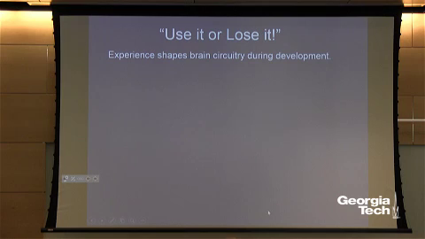Now, just to give you a little bit of background, because it's such a broad audience, when we're looking at activity's role in shaping neural connectivity, we can generally go with the maxim that if you use a projection, it's going to get stronger. If you don't use a projection from input to target, it's going to get weaker and you might lose it.